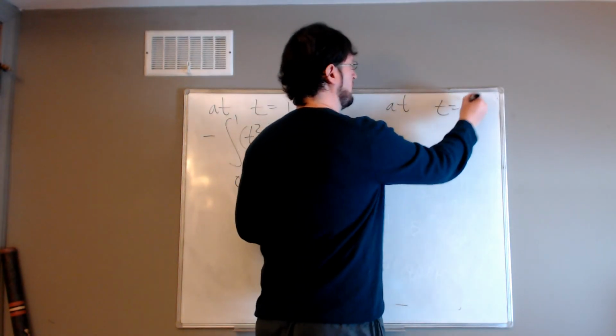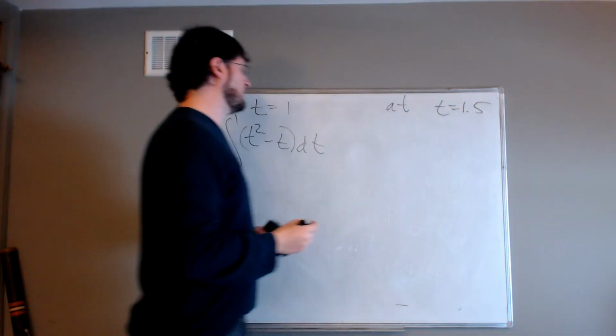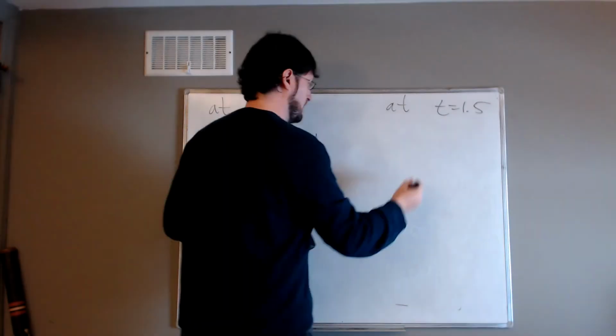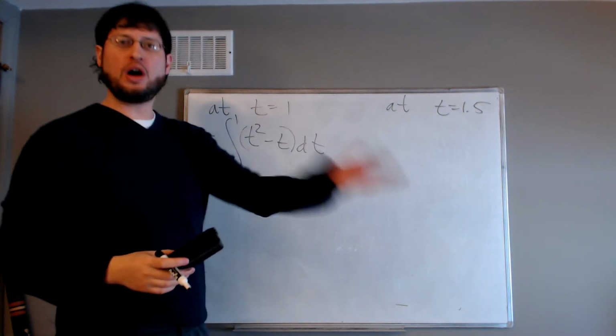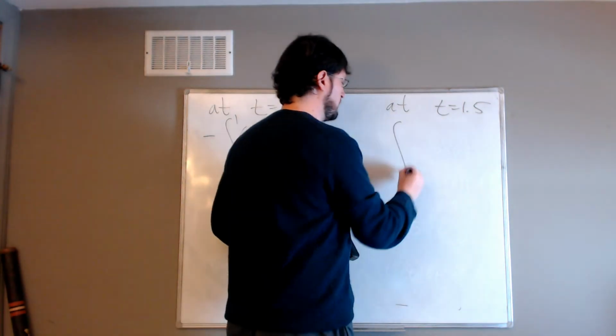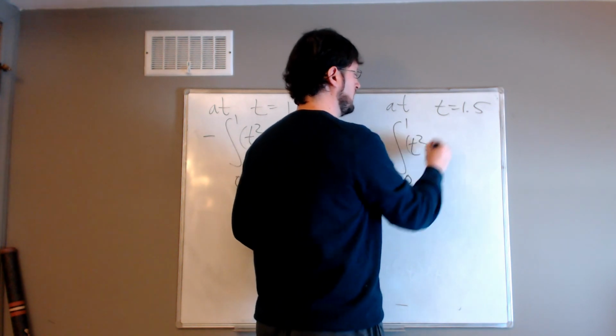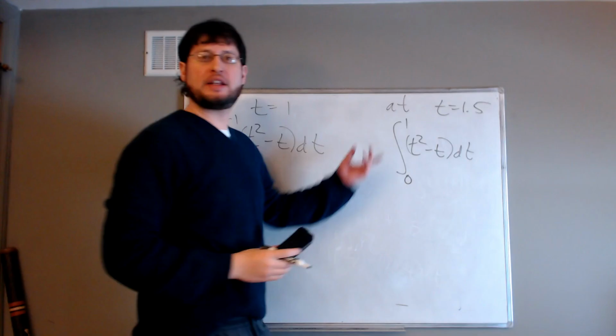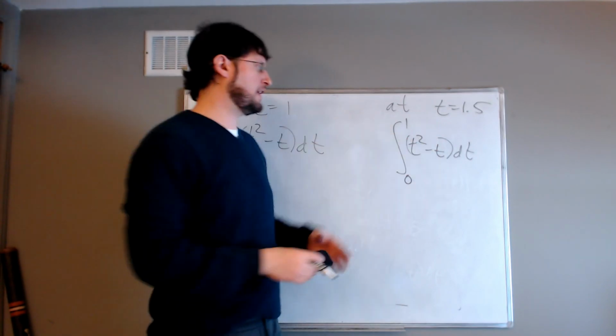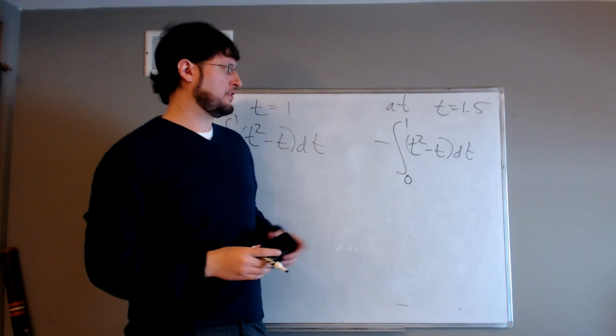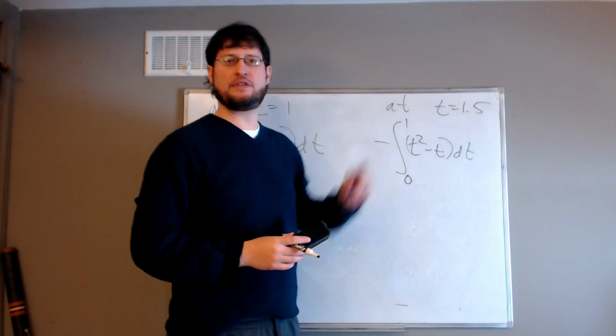At t equal 1.5, well, now we have a little bit more of a problem. Between time 0 and 1, it's below the x-axis, so I can integrate from 0 to 1 of t squared minus t dt. That's going to be a negative number. If I want distance traveled, I need to make it positive by taking the negative of the entire piece.